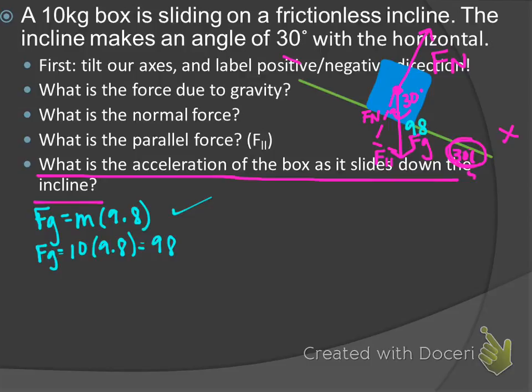Now we need to solve for the normal force and the parallel force. If I want to solve for the normal force, I'm going to use sine or cosine? Cosine, because the normal force is adjacent to that 30 degrees. So I would use 98 times cosine of 30 degrees. Make sure that your calculator is in degrees, not radians.